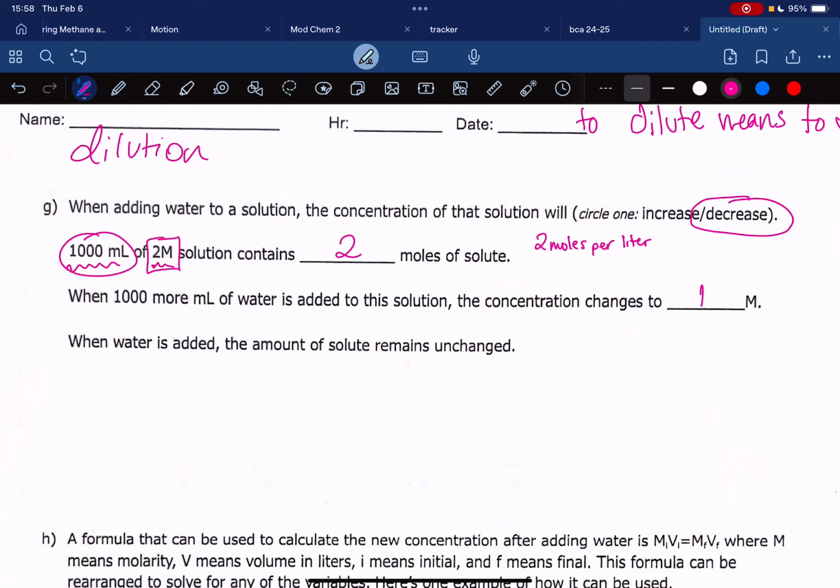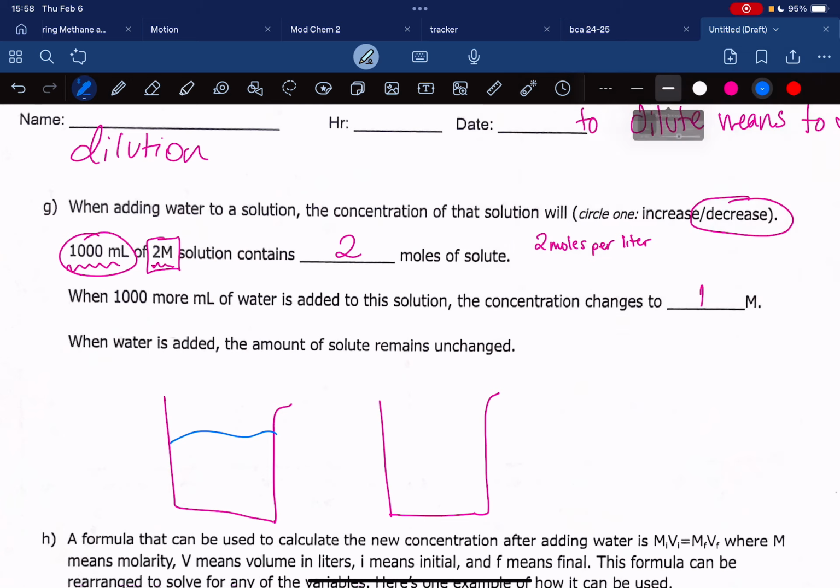But what I want to point out to you is that, let's draw a little picture of this. The amount of solute remains completely unchanged. So I'm going to draw my water particles here. There's my water, and actually, I guess that should be my second one.